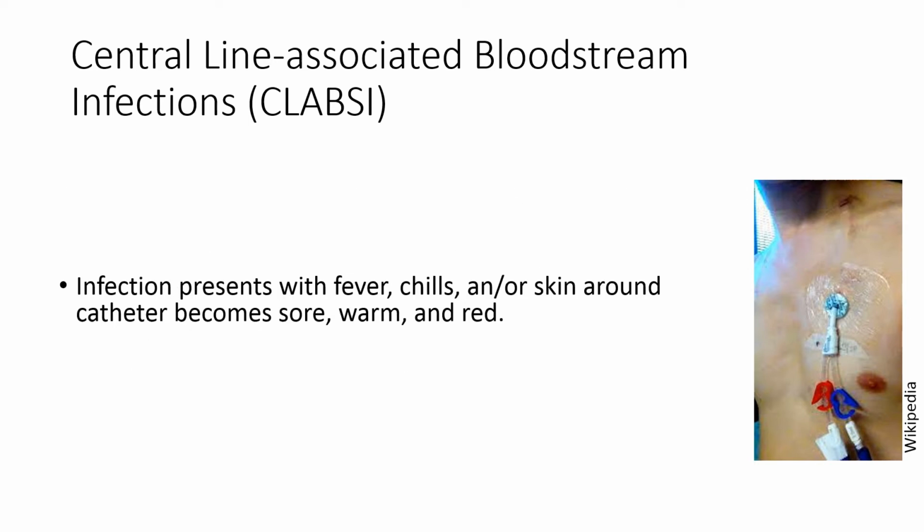These infections usually present with fevers, chills, and the skin around the catheter can become very sore, warm, and red, indicating a problem. The only way to really treat one of these bloodstream infections is the use of antibiotics and then to remove the central line and place a new one.